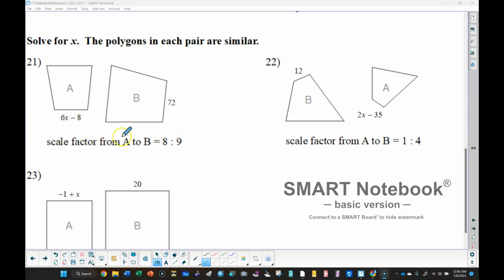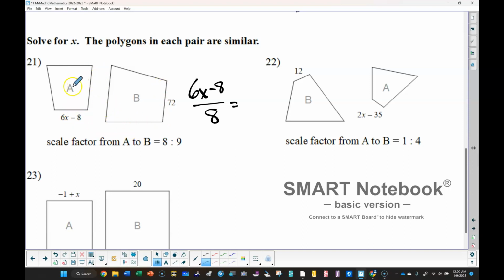So you guys can just complete the assignment. This is figure A or polygon B, right? So I've got 6x minus 8 over, right, A to B. So this is the value representing A, so 8, okay, and B, okay. Now notice that they also shifted the figure.